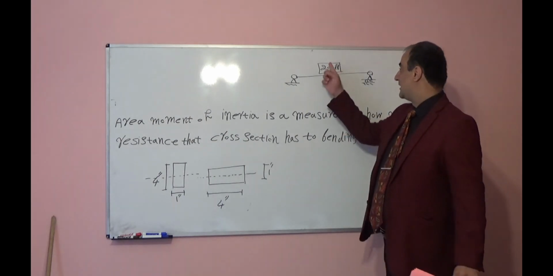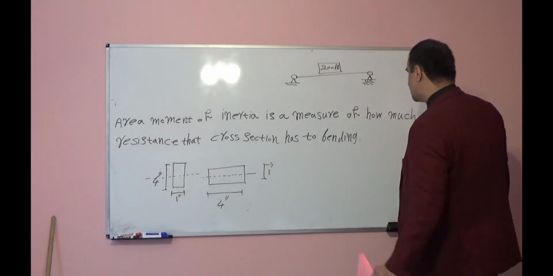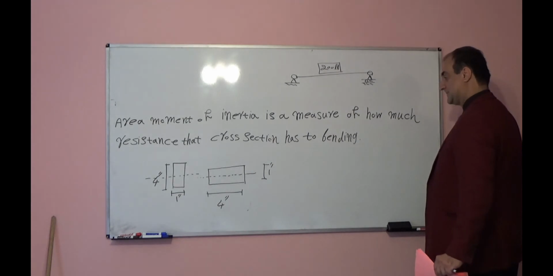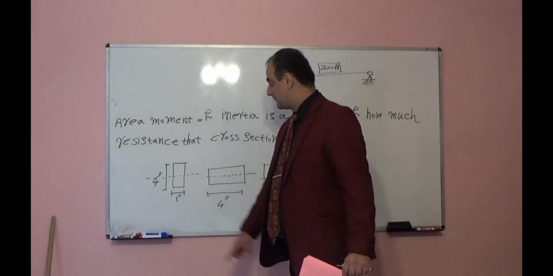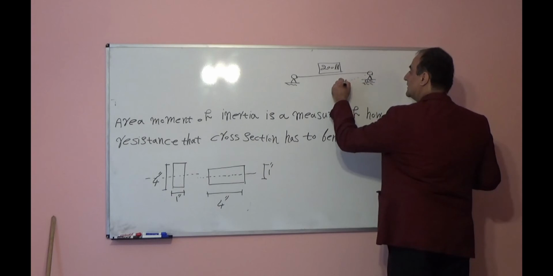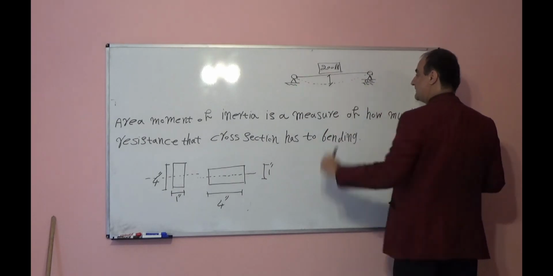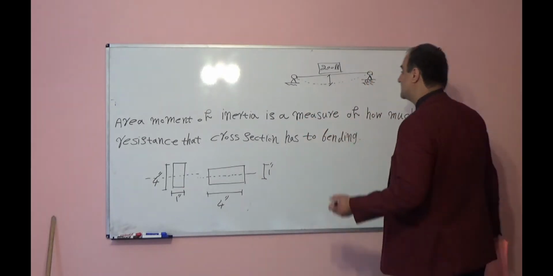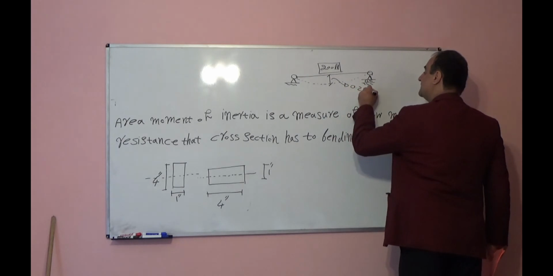Here we have one concentrated load or weight at midspan, and we know the maximum bending moment will be at midspan. So if we put 1 inch by 4 inch, we will have a little bit of deflection or sagging, and the maximum deflection will take place at midspan. For example, deflection is a quarter inch, 0.25 inch.